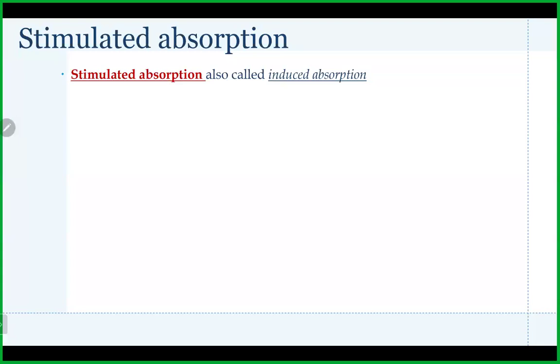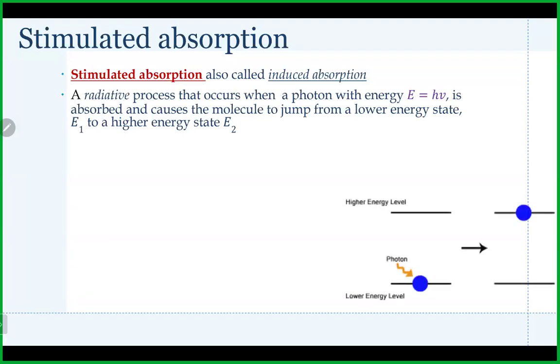Stimulated absorption or induced absorption, or simply you can also just call it absorption, is just excitation of the molecule. It is a radiative process that occurs when a photon with energy is absorbed. Remember that energy levels are often represented by lines.